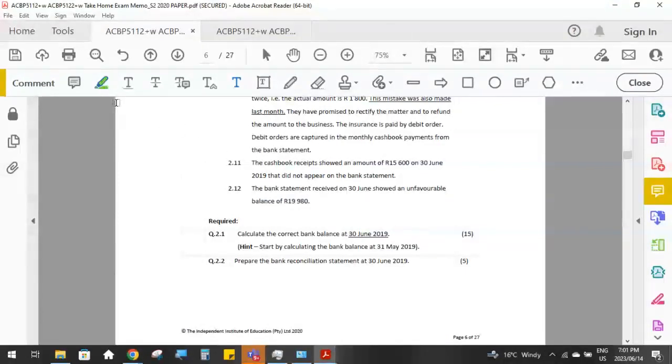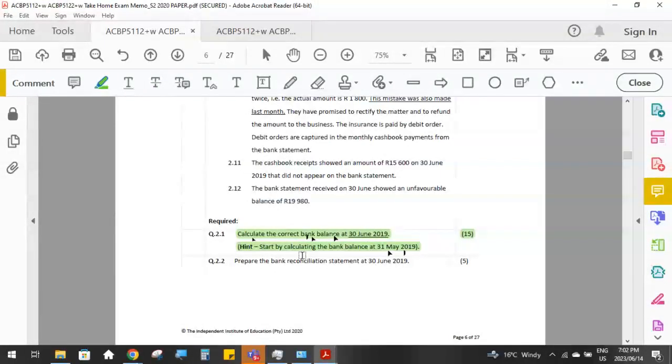And this is only for 15 marks, which means you've got 15 minutes to do this. Calculate the correct bank balance as at the 30th of June. And it says, hint, start by calculating the bank balance at the 31st of May. So we've done that. And now we must go and calculate the correct bank balance as at the 30th of June.